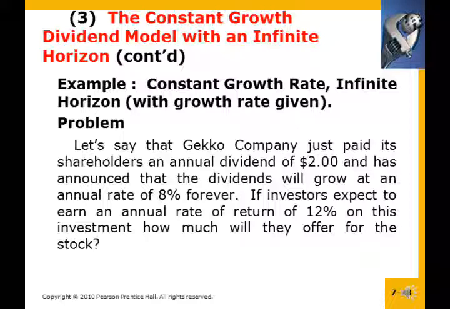Do you have a maturity date? No, you don't have any maturity date. The dividends will grow forever. And you have r equal to 12%. Then we are talking about the third model, the constant growth model with an infinite horizon. So you have to apply the rule of the third model.